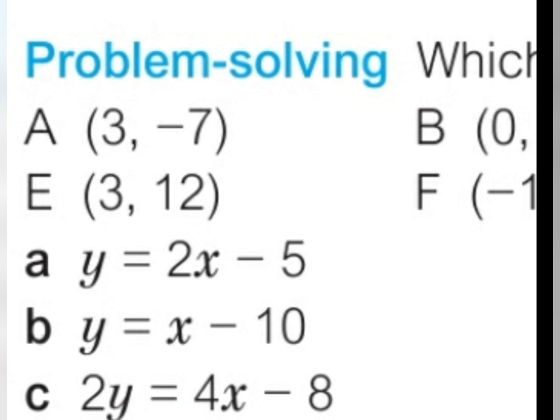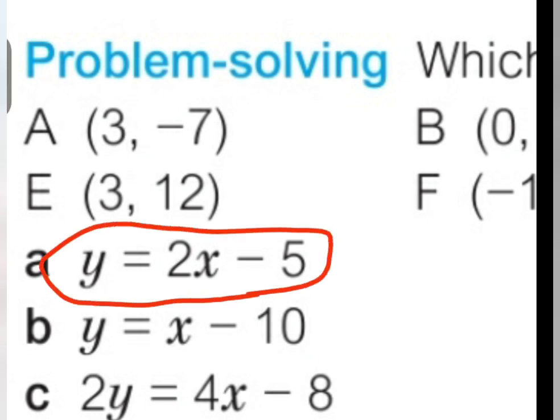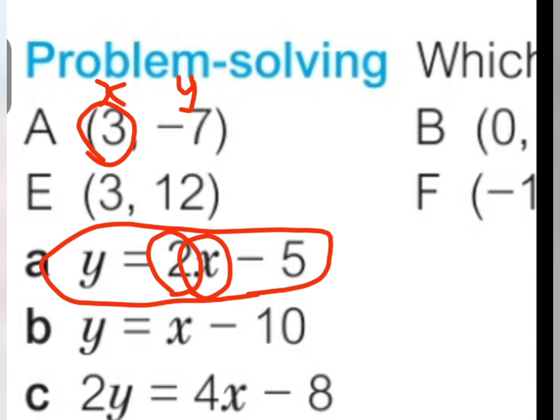It's very easy. You take the equation of the line and take the coordinates of the point. On the coordinates here, we have 3, which is x, and y is -7. So we take the 3, put it instead of the x here, multiply it by 2, and then minus 5. If the answer is -7, it means the point is on the line.